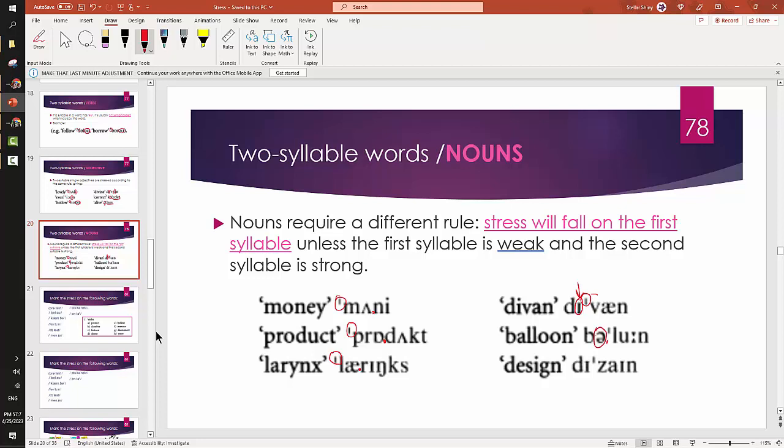Here the schwa sound. We cannot stress the schwa sound or the weak syllable, so we put the stress on the second syllable. Design. Design.